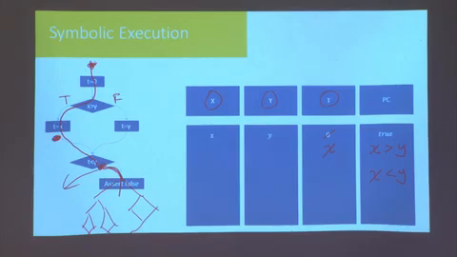A lot of the practical tools that are used today will actually start with some random testing to get an initial set of paths. And then they will start looking for paths in the neighborhood of those paths. They will start asking questions like, hey, the random execution went down this branch. What if I flip this branch? What if I flip this branch? What happens in those paths?